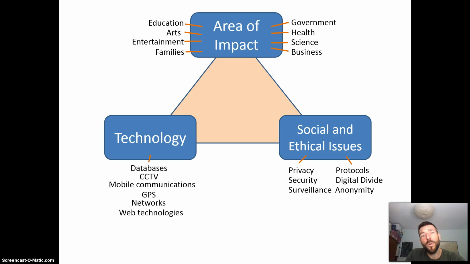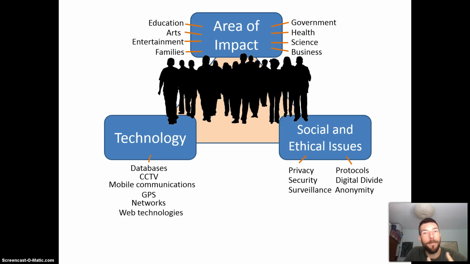So what we're doing is we're taking the technologies that we're studying, here are just a few, and we're then relating them to specific areas of impact to people. These people are the ones who are experiencing these issues. So that's how the course is envisaged, and that would be the overview of it.